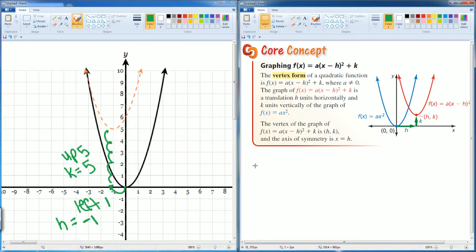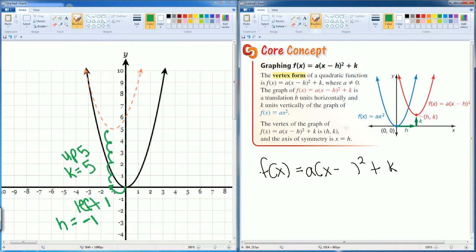Now we can write the function in vertex form. f of x is equal to a(x minus h) squared plus k. Now we erase the h because we know what h is, and h is -1.